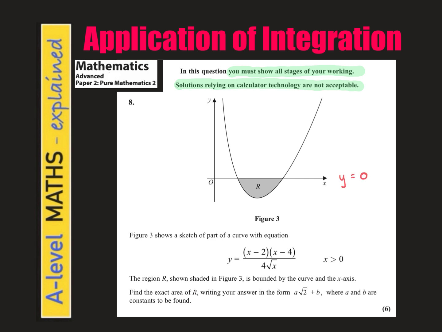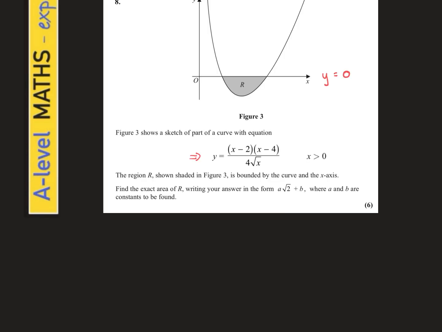It's also part of a curve, which is given to you over here by y is equal to (x minus 2)(x minus 4) over 4 root x, for all x greater than 0. You'll notice that the curve cuts the x-axis when y is equal to 0, at these 2 points over here.